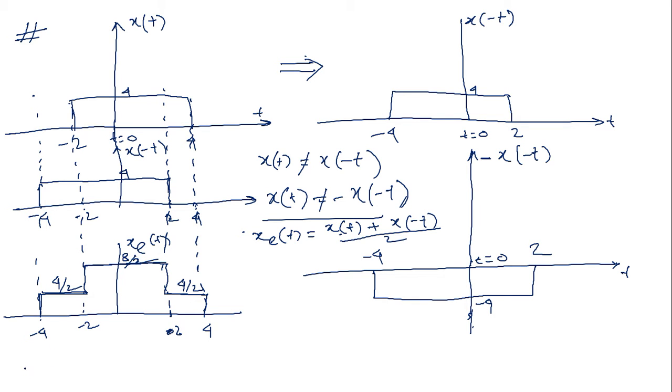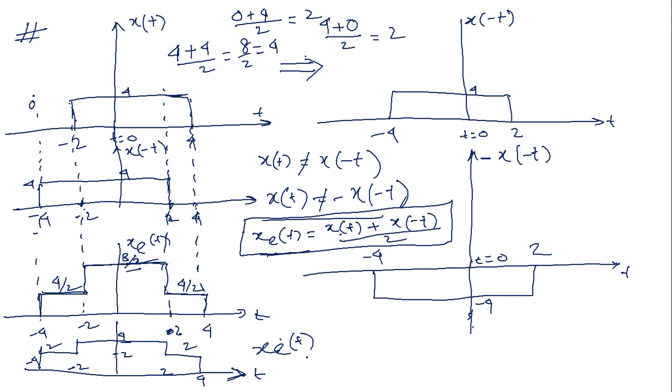Finally I am drawing this even part of x of t. That is 2. Here it is 2, it is 4, it is minus 4, minus 2, it is 2, 4.